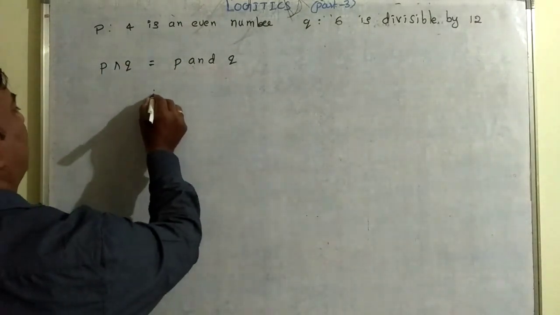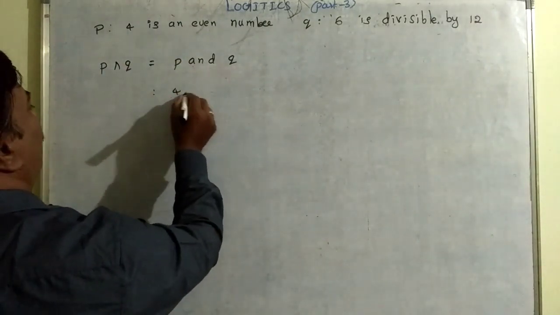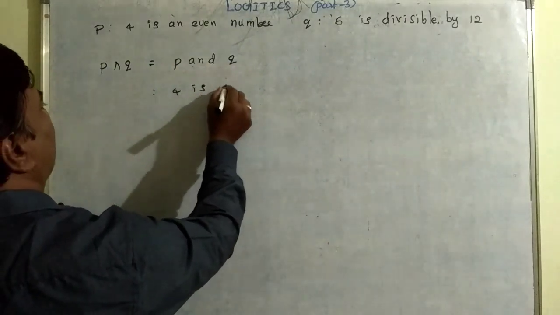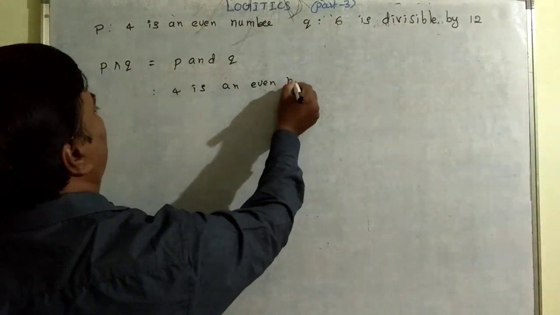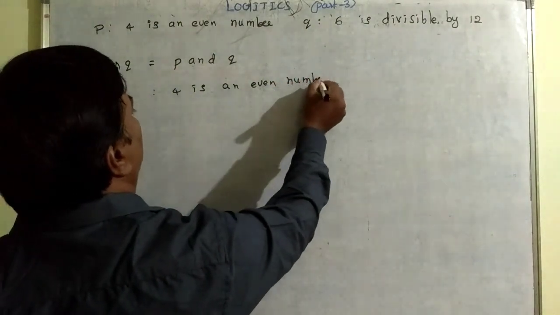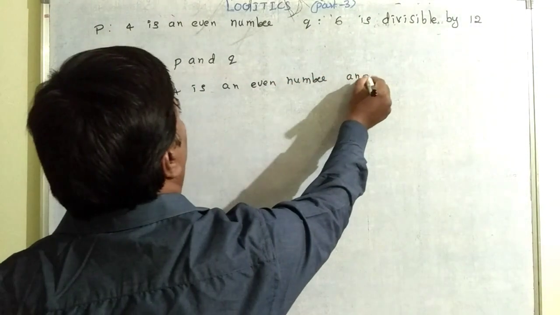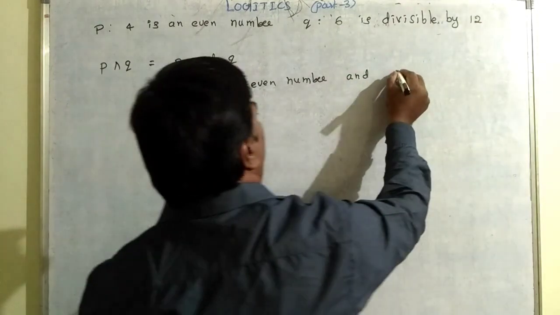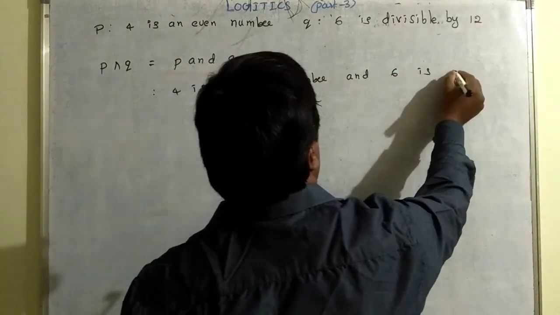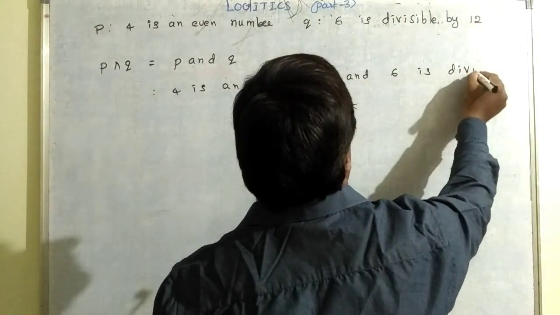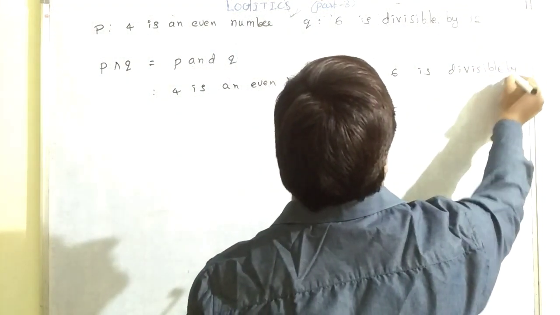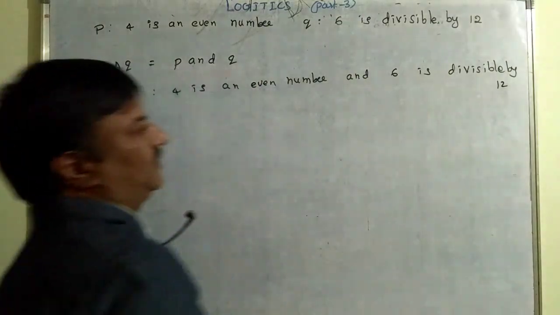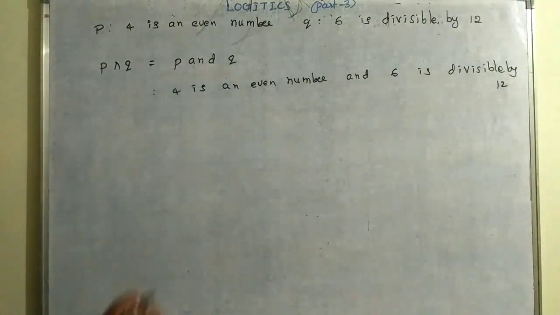We can write here: 4 is an even number, and 6 is divisible by 12.